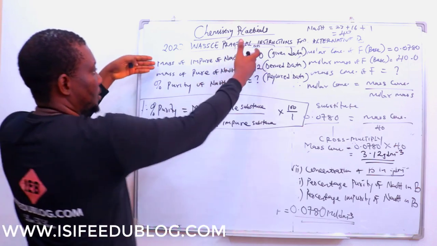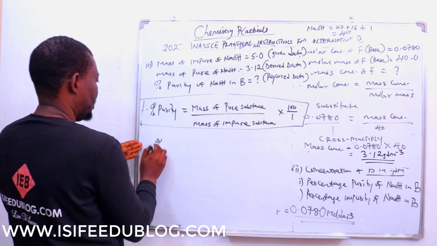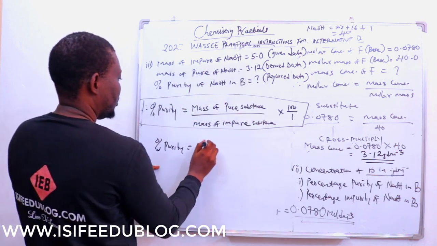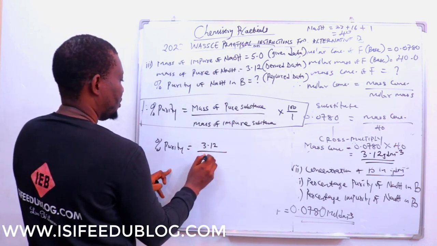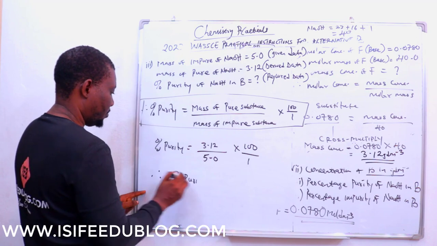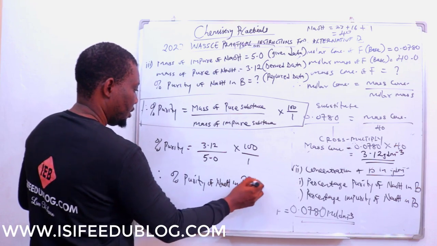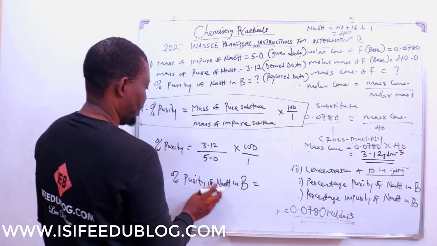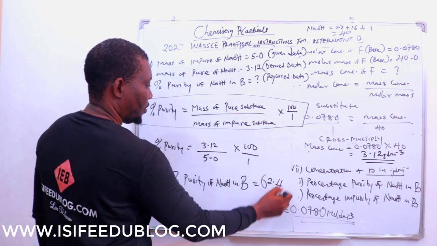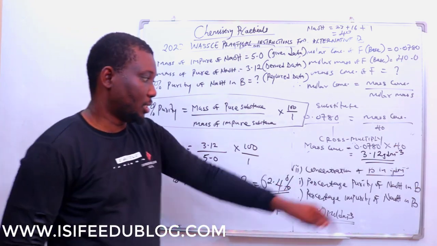Now plug in: percentage purity is mass of pure 3.12 over impure 5.0 times 100 over 1. Therefore, the percentage purity of NaOH in B is 62.4%. That is the answer for percentage purity.